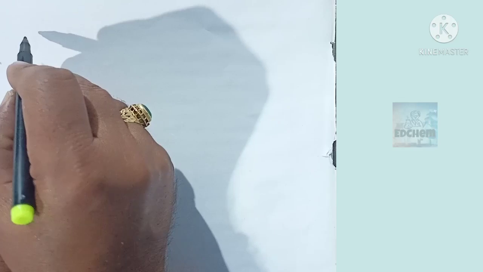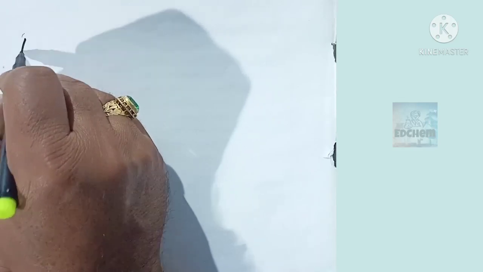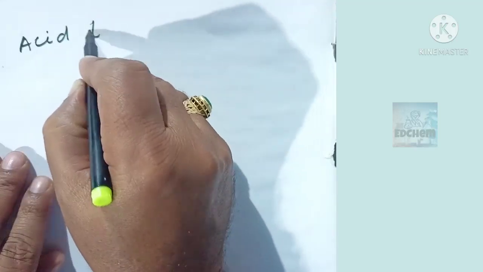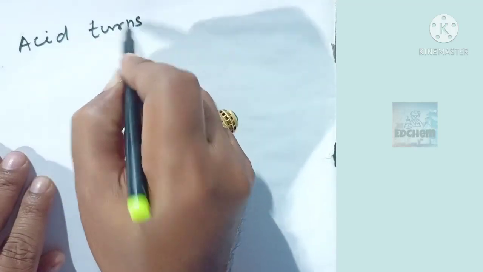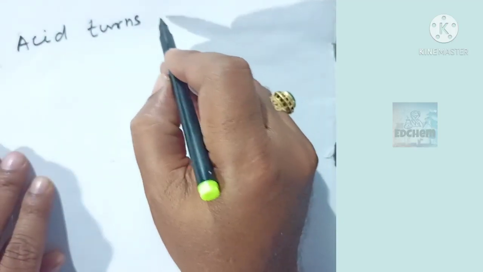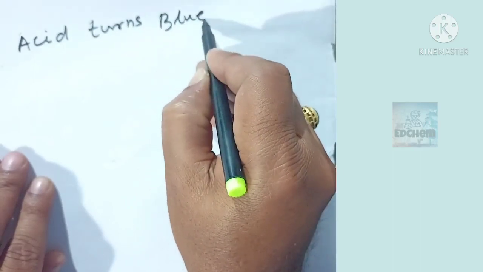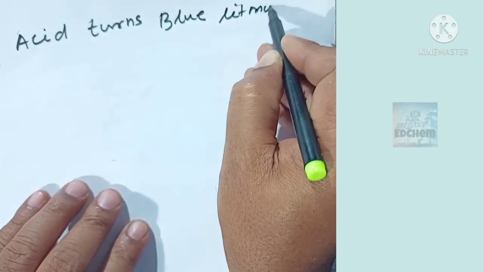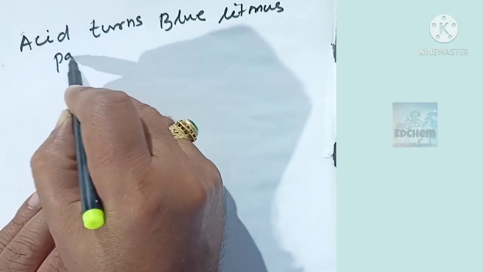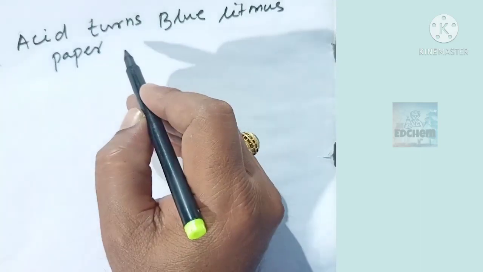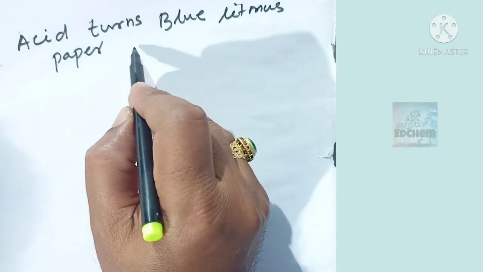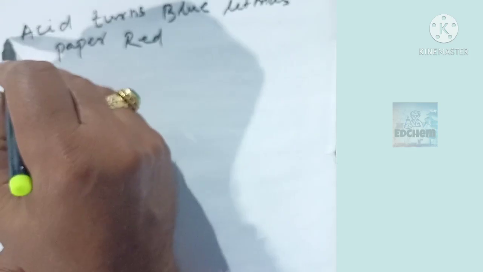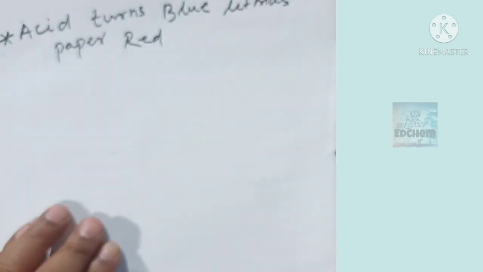So from this we may conclude that acid turns blue litmus paper red. Okay, so this may be our conclusion here.